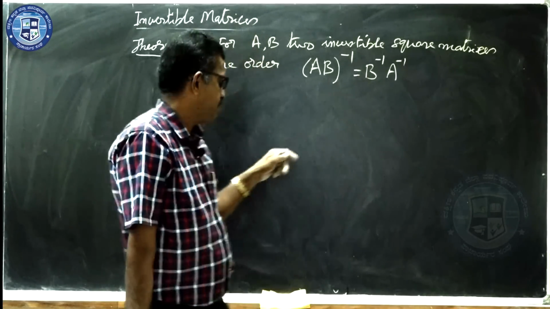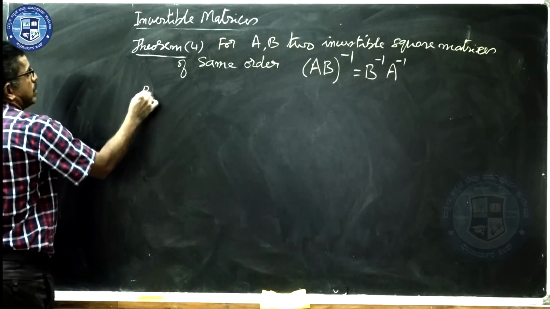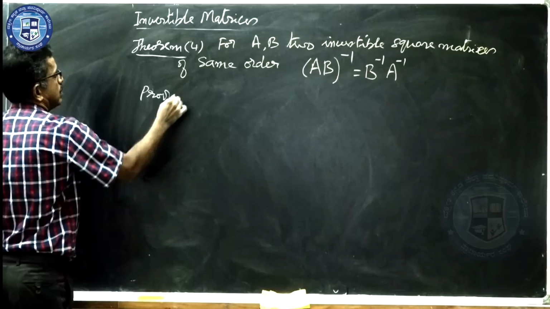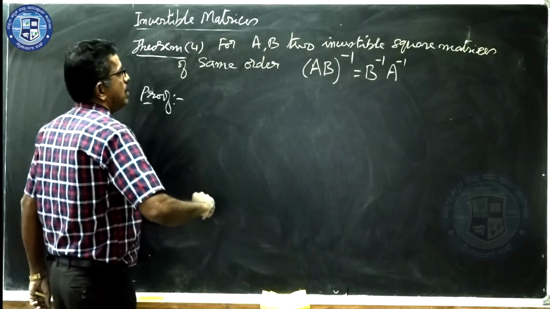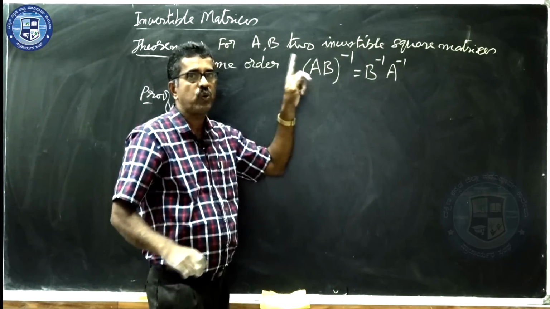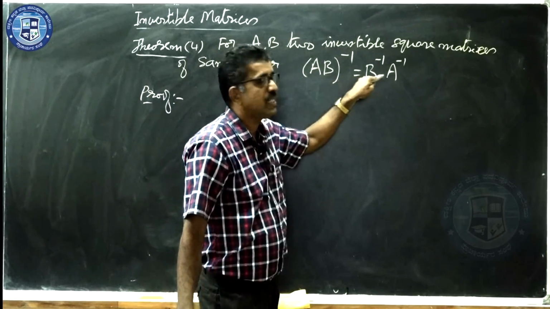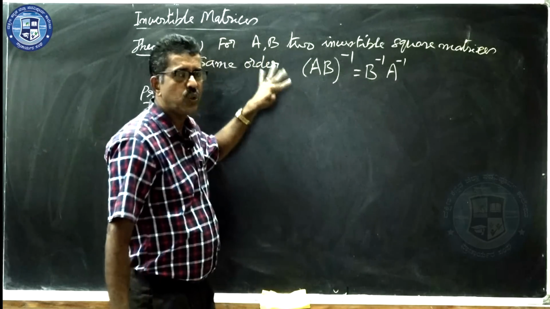How can we prove this? Let me give the proof. In order to prove that (AB) inverse is B inverse into A inverse, you just use a standard result.